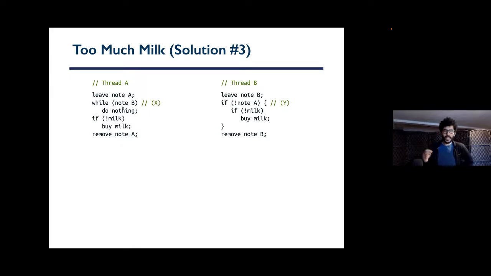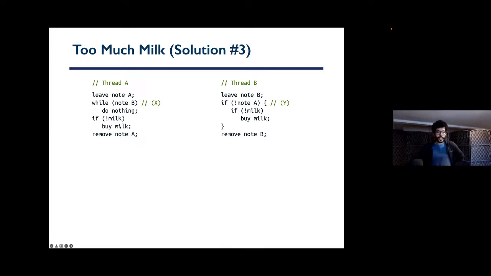Either thread B goes and buys milk and then removes its note, and then I can check if there is milk, and I will see that there's milk and I abort. Or thread B sees my note and doesn't buy milk and removes her note, and then I check, OK, there is no milk, and then I go and buy.